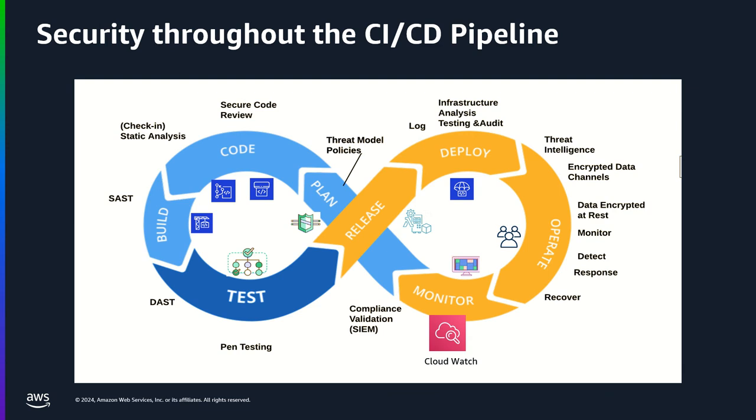To sum it all together, the infinity loop nature of this diagram basically represents that DevSecOps, or integrating security within your application lifecycle, is an ever-evolving process. As your organization continues to mature, you can add additional security checks and scans as a part of your application lifecycle to make it even more robust.